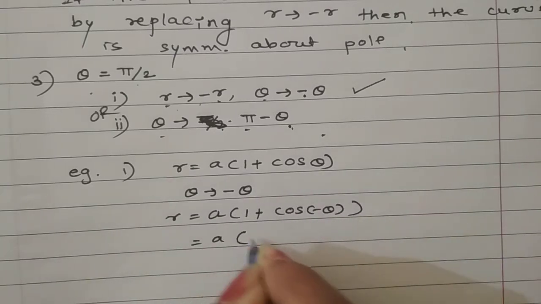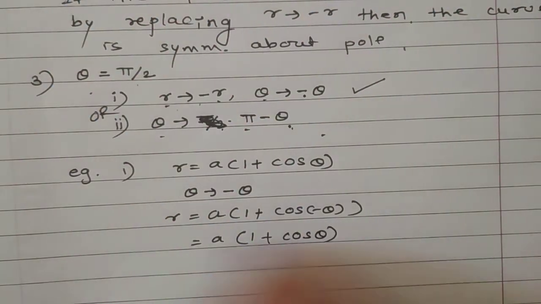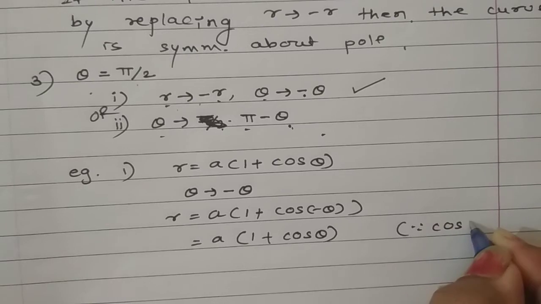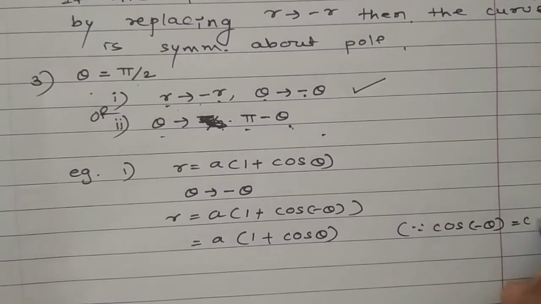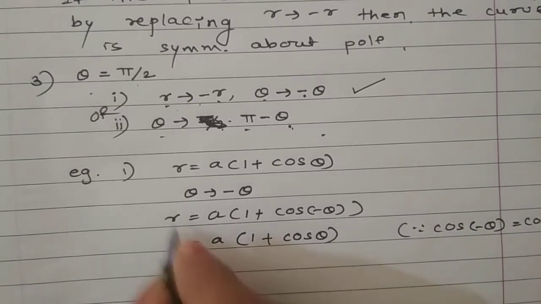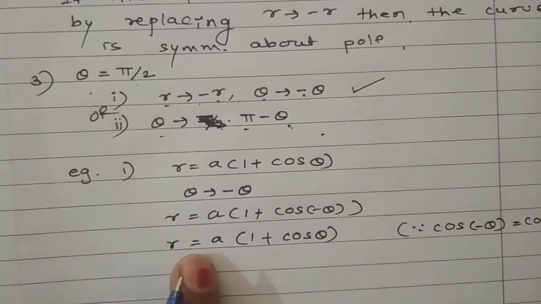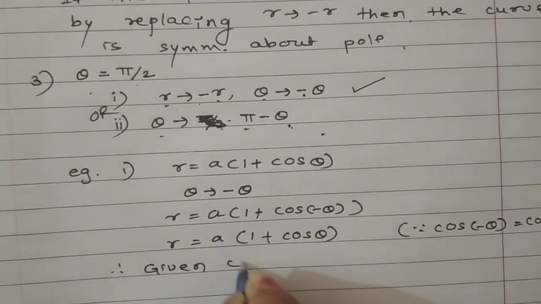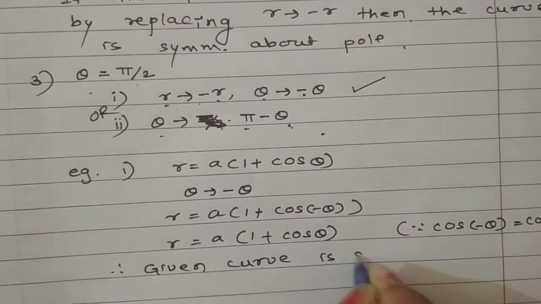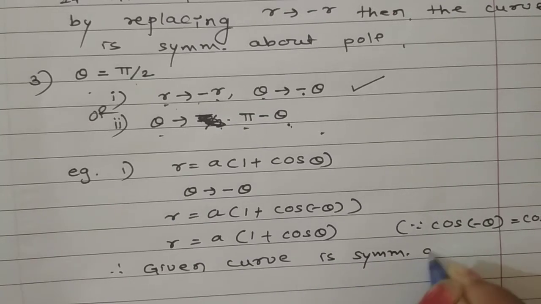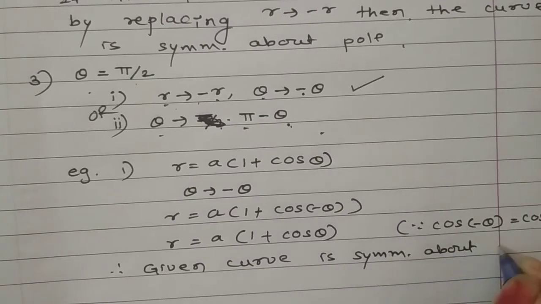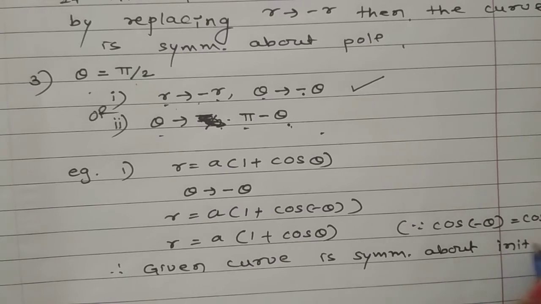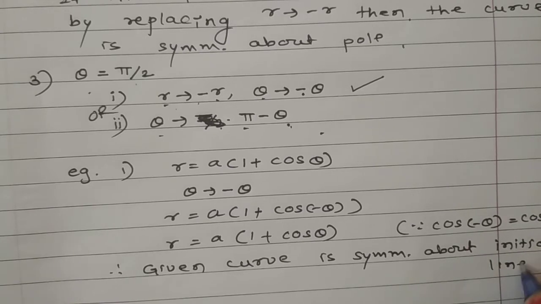And we know that cos of minus theta is nothing but cos theta, and therefore we get the same equation. There is no change in the given equation. The given equation remains unchanged, that is r equal to a into 1 plus cos theta. Therefore we say that the given curve is symmetric about initial line, that is theta equal to 0 line.